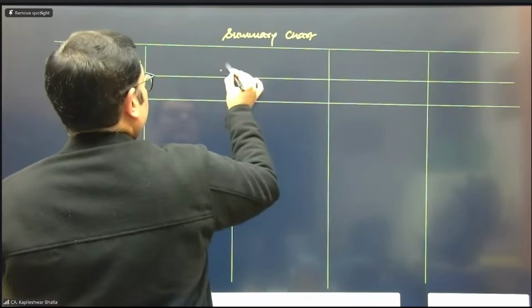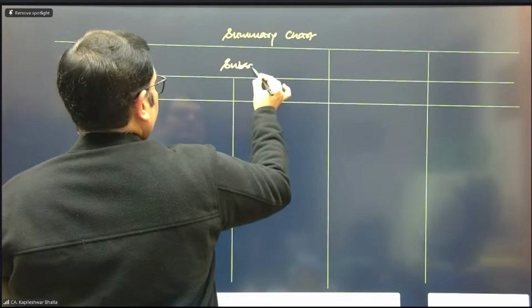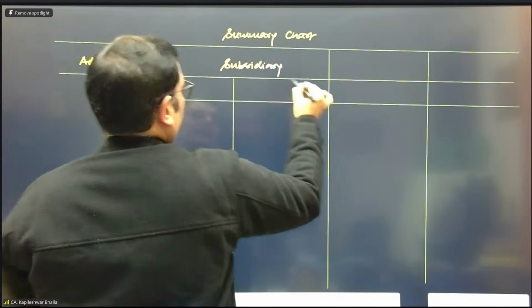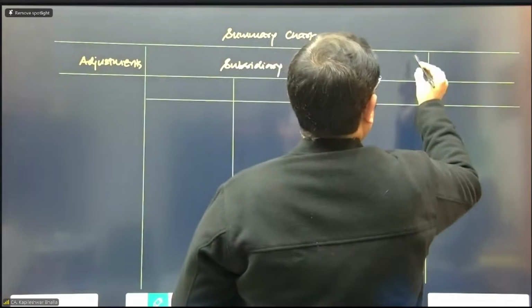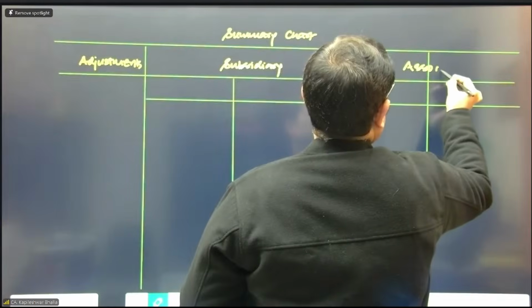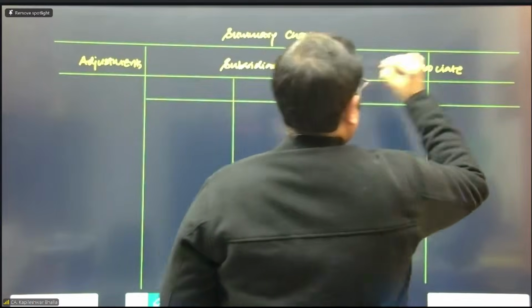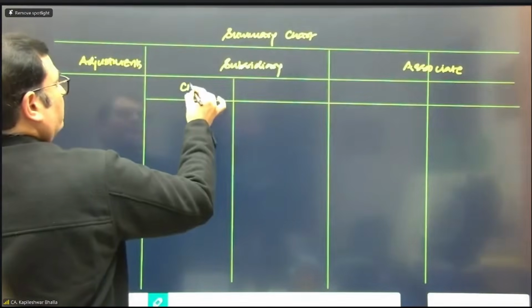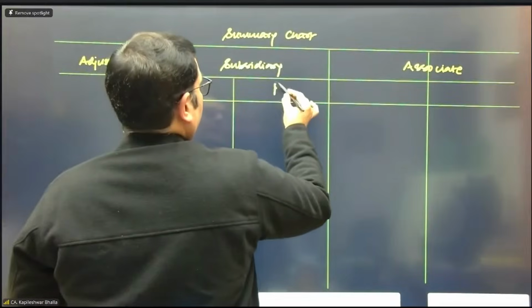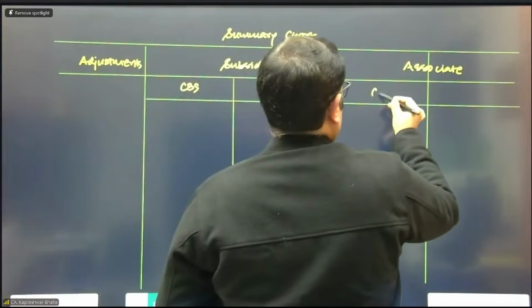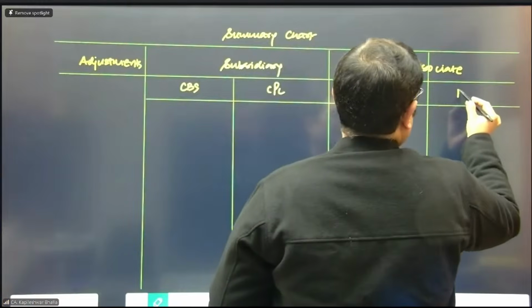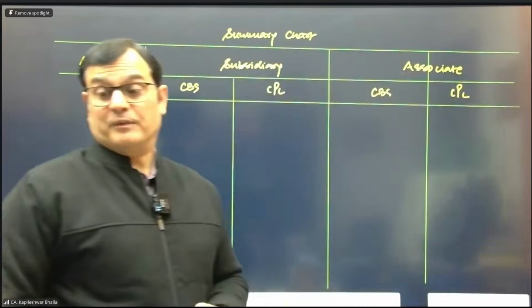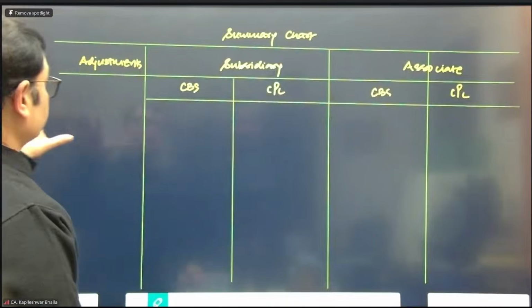So first, let's take subsidiary, and let's take associate. In this particular case, we're looking at consolidated balance sheet and consolidated P&L, consolidated balance sheet, and consolidated P&L. So all the permutations, combinations.